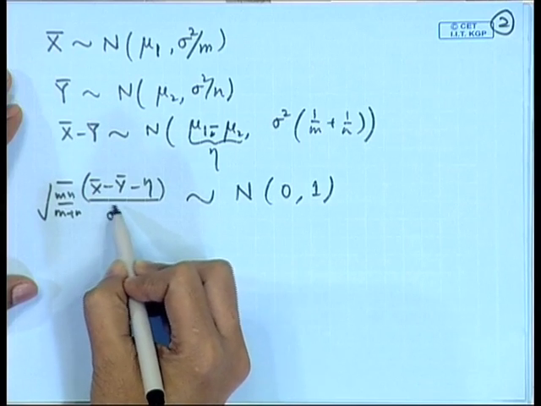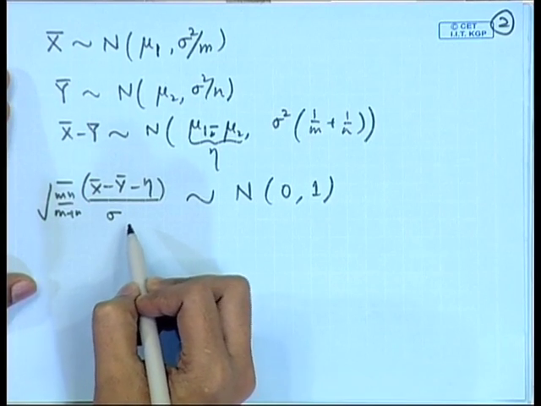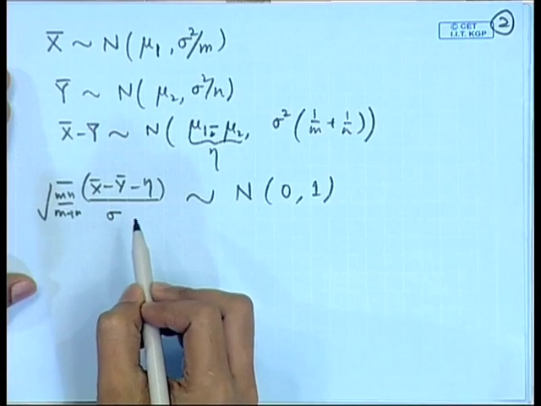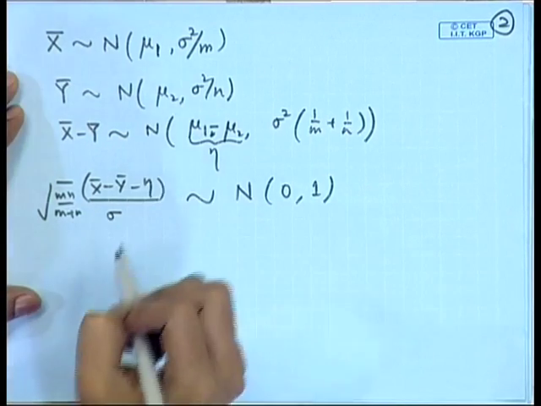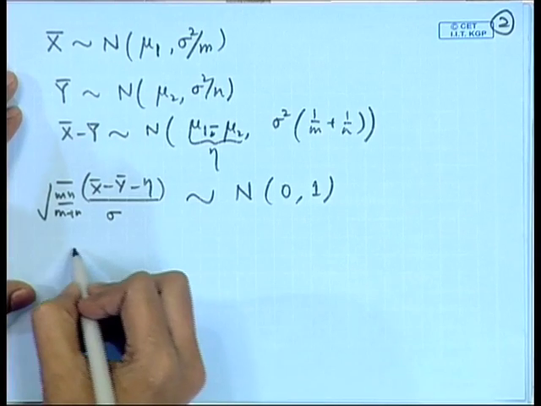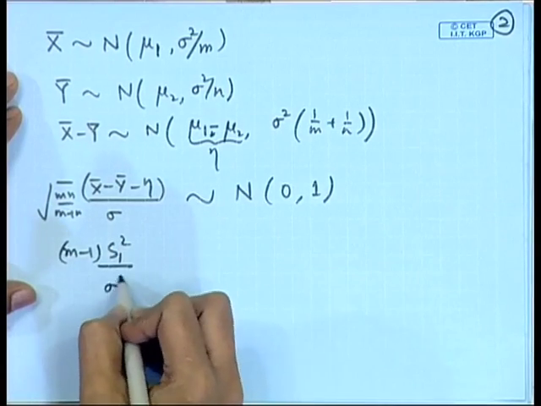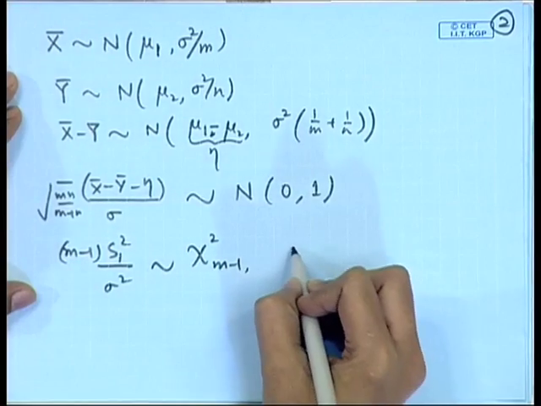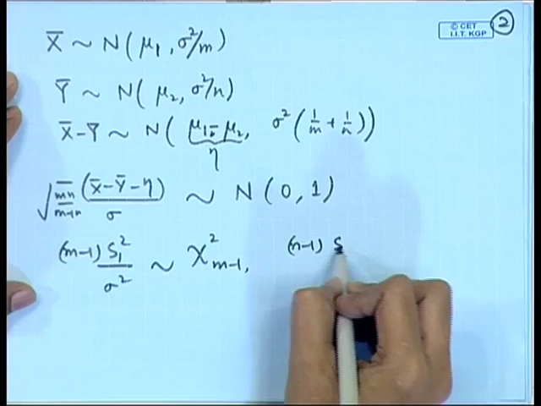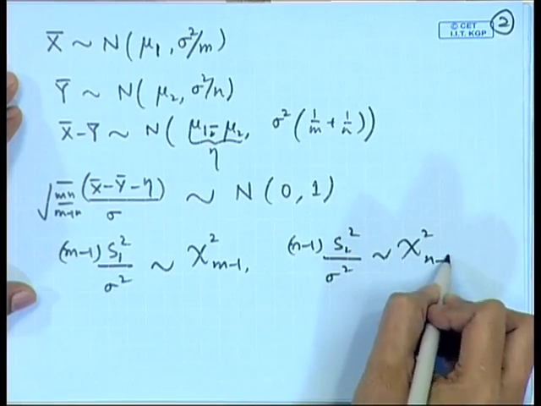However, this involves the unknown parameter sigma also. So, we cannot straight away use it as a pivot quantity. So, we need an estimator for sigma also. So, we can get it here by considering m minus 1 s 1 square by sigma square follows chi square on m minus 1 degrees of freedom, and n minus 1 s 2 square by sigma square follows chi square on n minus 1 degrees of freedom.